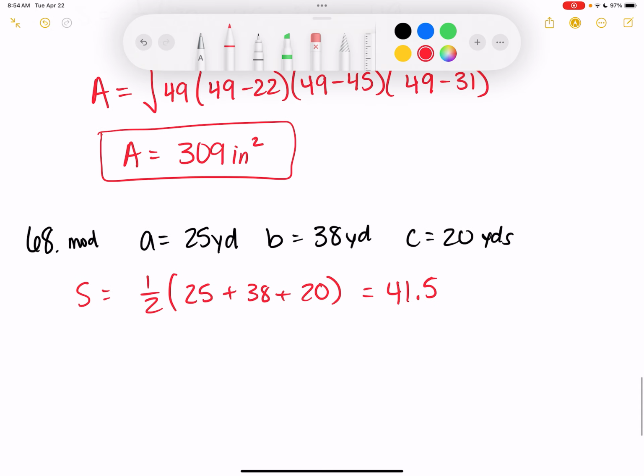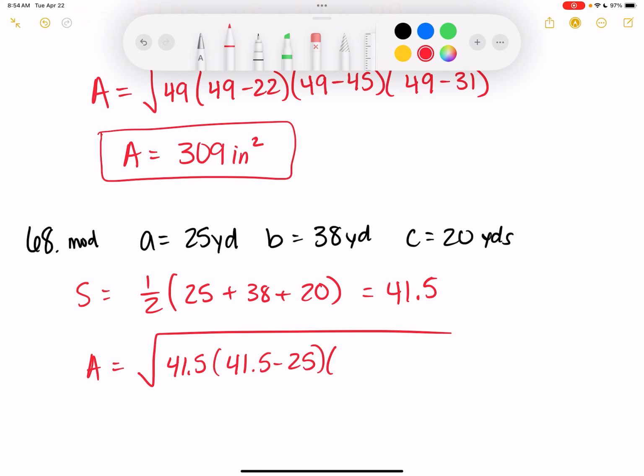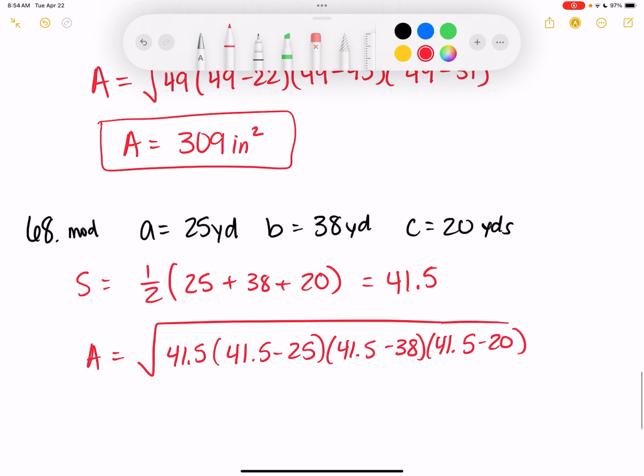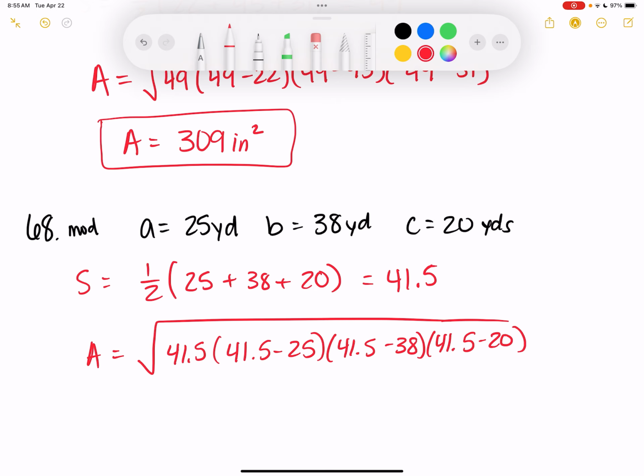So then area is the square root of 41.5 times 41.5 minus 25 times 41.5 minus 38 times 41.5 minus 20. And I get an area rounded to 227, and it was yards squared.